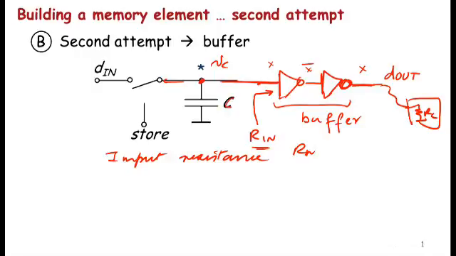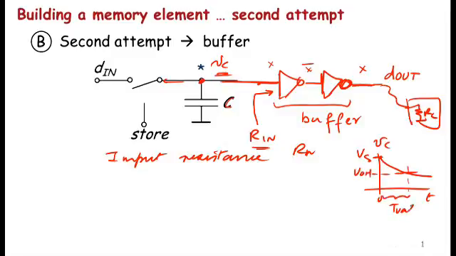Under those conditions, let's try to find the duration for which the voltage Vc is such that I store a valid one. Remember again, the governing equation is given by, this is Vc, this is Vs, and this will discharge, and at some point it hits VOH. So this duration here is T valid.